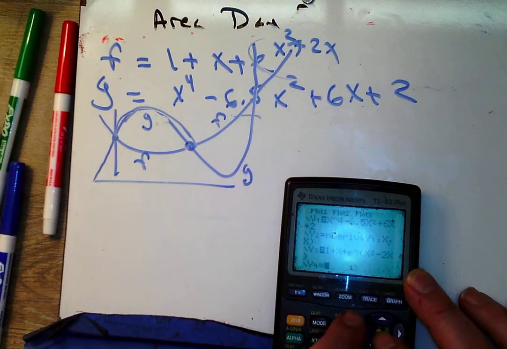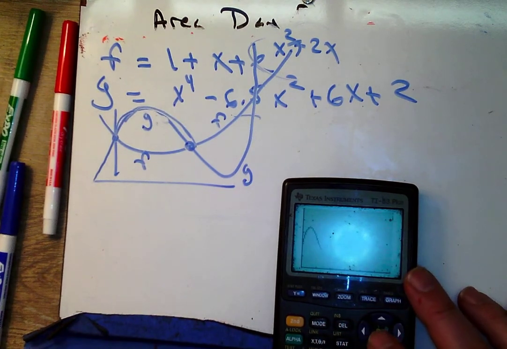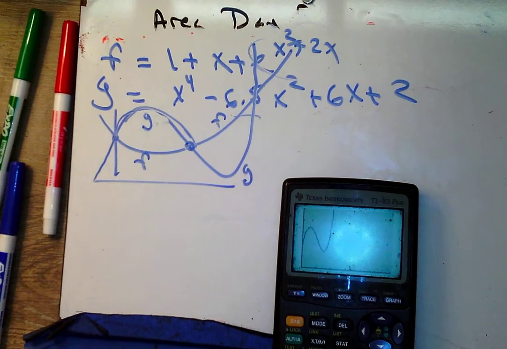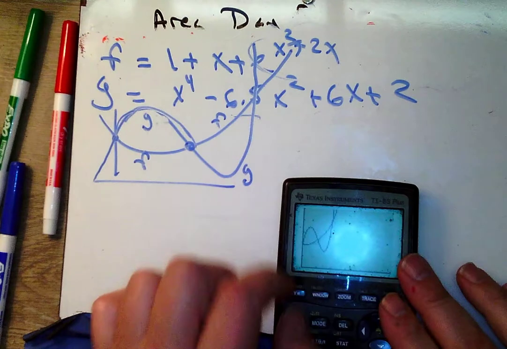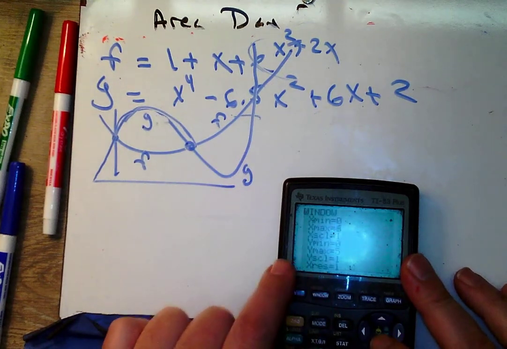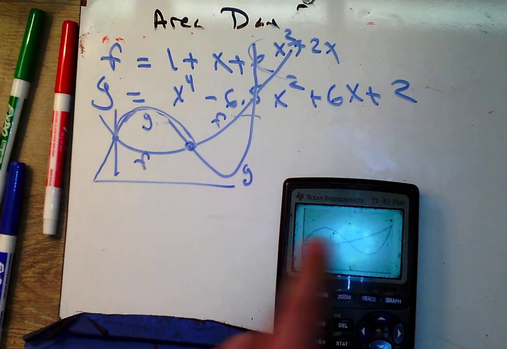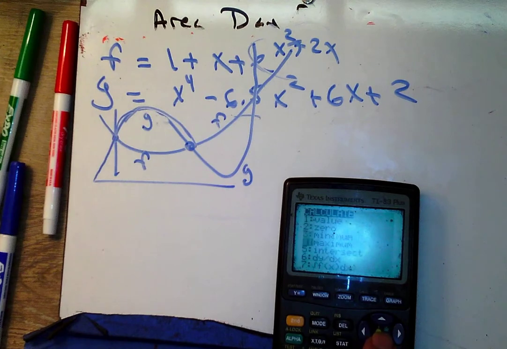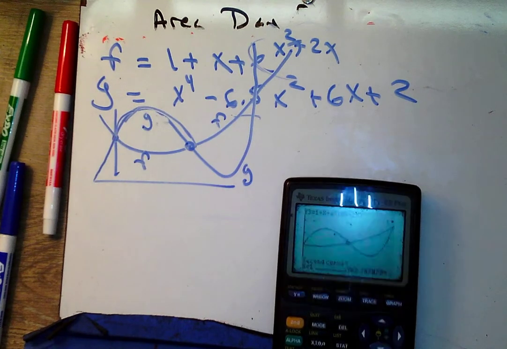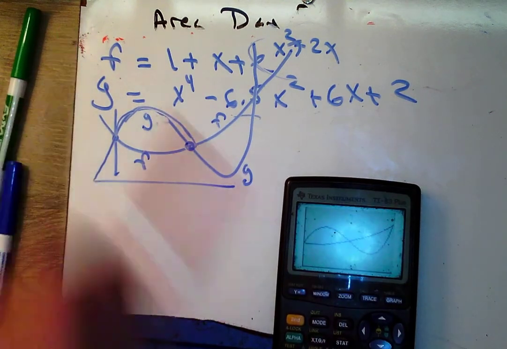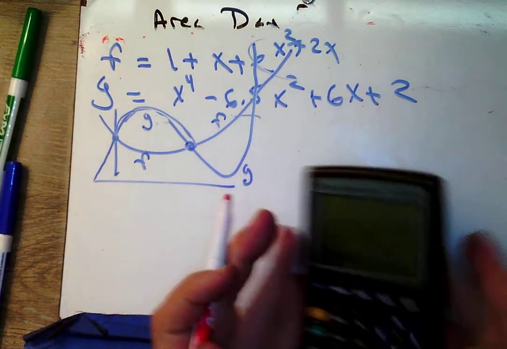And off and graph. I'm going to change my viewing window so that I get a little more space to see what's going on here. And I need to find that point of intersection. So I can calculate, intersect, and we get the point.